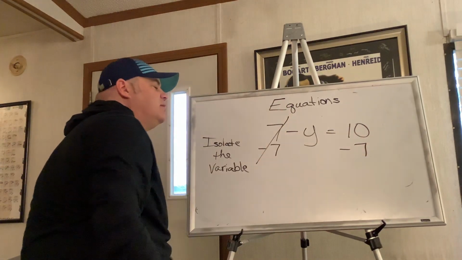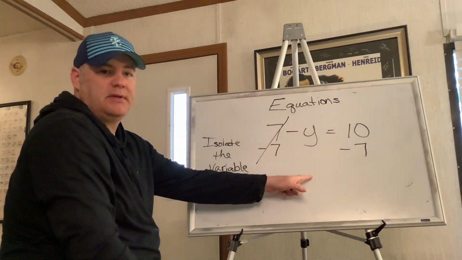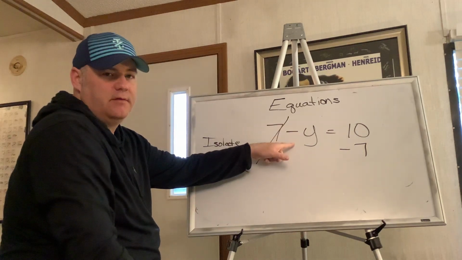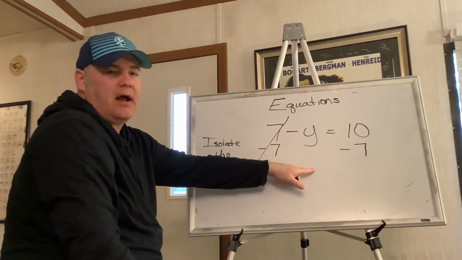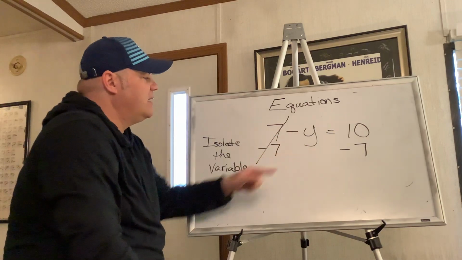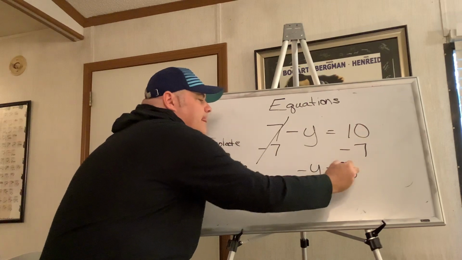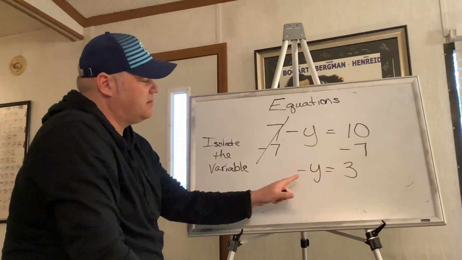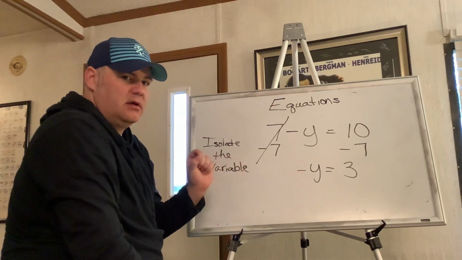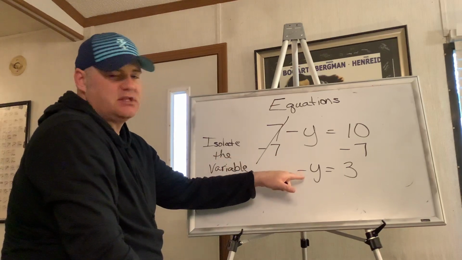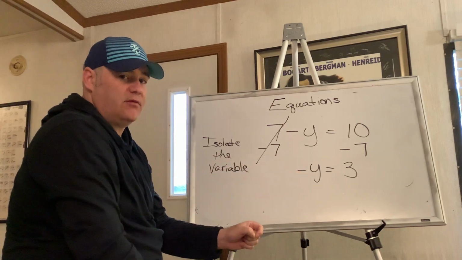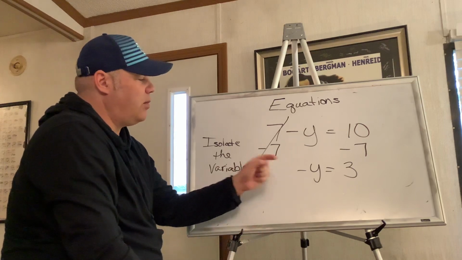The difference is we can't just drop this negative like we did when it was positive. We didn't need to write a positive y; it's already positive. In this case, we can't just drop the negative. It's a negative y, and we subtracted 7, which is 3. And we can't just stop there. We're not solving for negative y, we're solving for y.